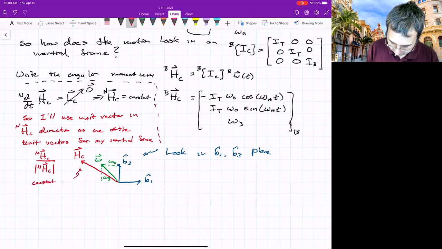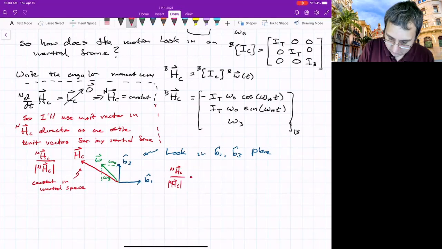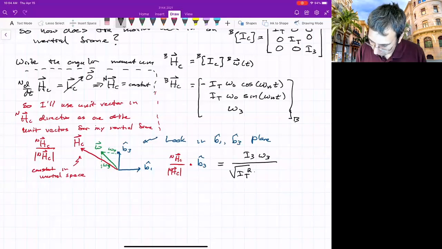Constant in inertial space. And it's got a special property. If we take the dot product of the unit vector with B3, we'll get something that is equal to I3 omega 3 divided by the square root of IT squared omega naught squared plus I3 squared omega 3 squared.